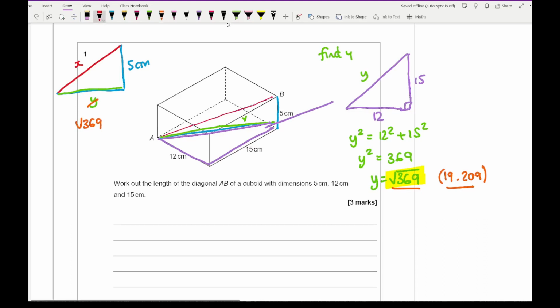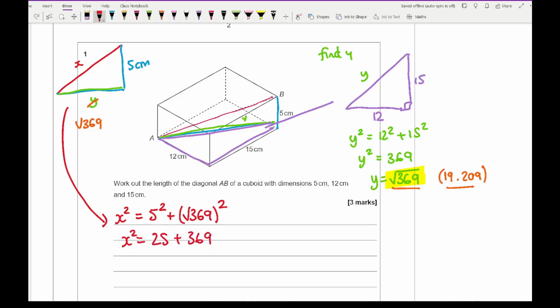Then from this triangle here, I can use Pythagoras again. So I've got x squared equals 5 squared plus root 369 squared. So x squared equals 25 plus 369, which is 394.